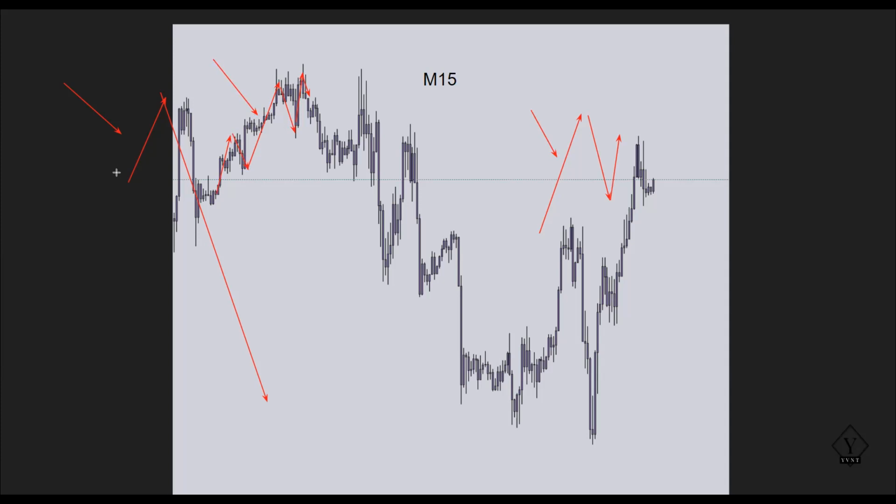So what you see as a straight bullish market on 4 hour, just know that when you get to 1 hour, it will look different than what it is on 4 hour. So you need to be able to identify that, right? And then when you go to 15 minutes, it's going to be even worse, right? When you get there, you need to stick to what you saw on 4 hour so that you can be able to catch your trades, right?